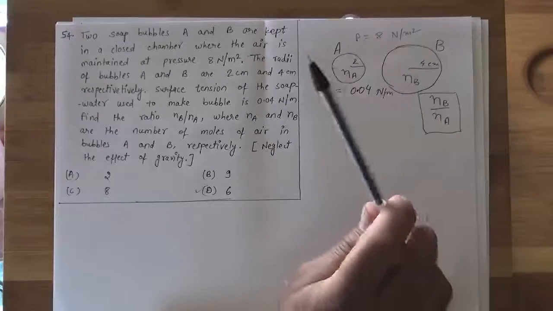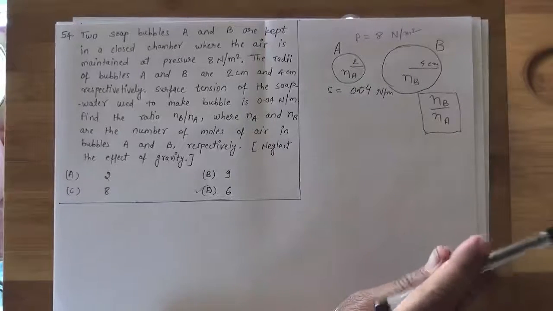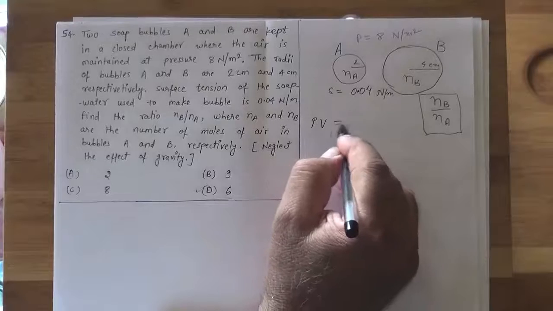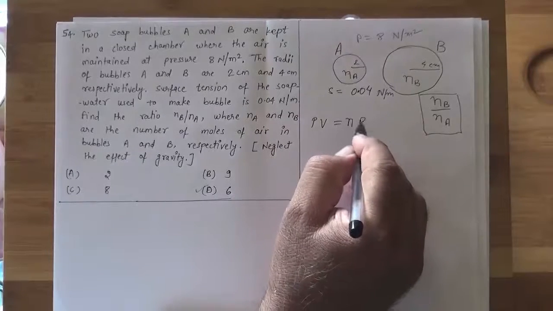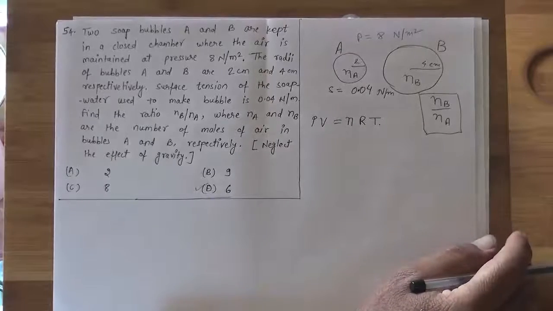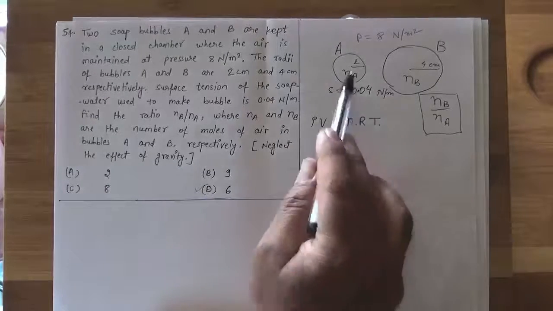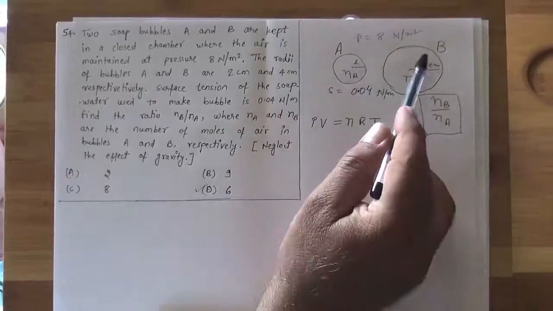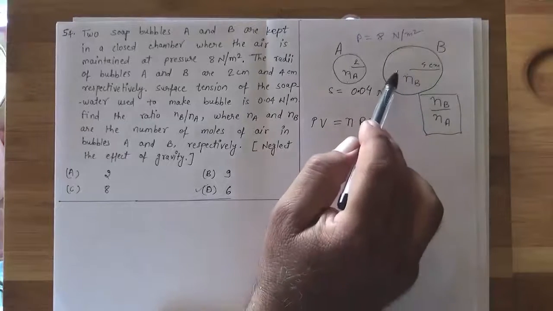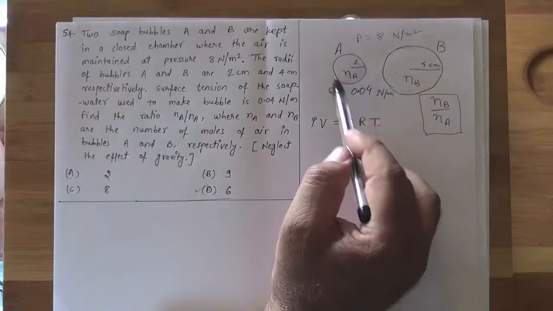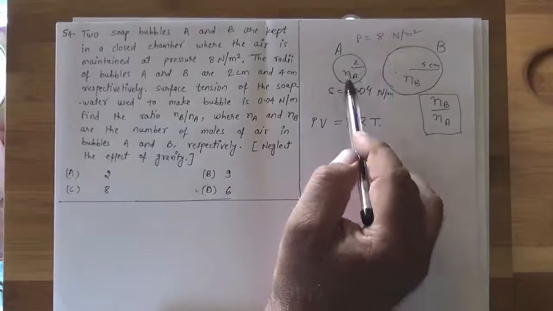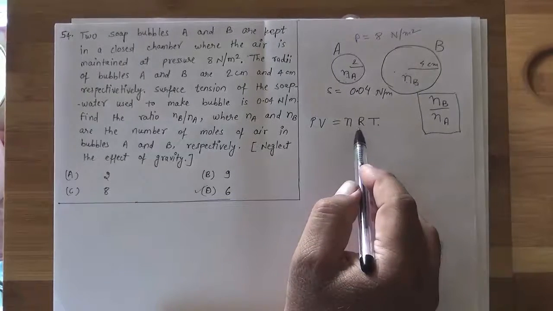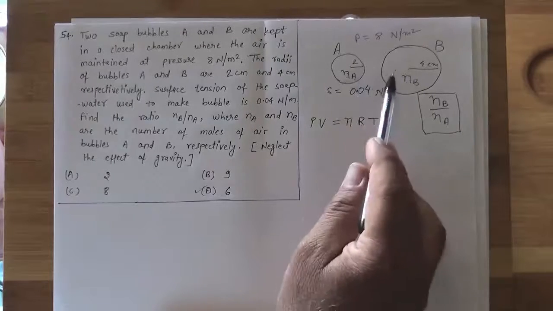Number of moles and pressure, where are they related? We remember the gas equation, and the gas equation says PV is equal to nRT. Now for bubble 1 and bubble 2, the air quality is the same, but here the contents of air are more, so N will be different. Here the quantity of air is less, so NA is different from NB. Now R is a constant, and temperature, both have the same temperature.